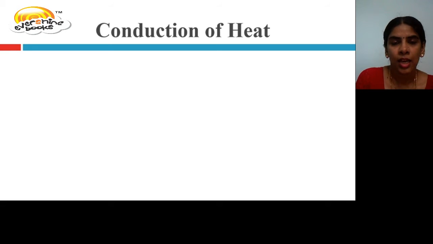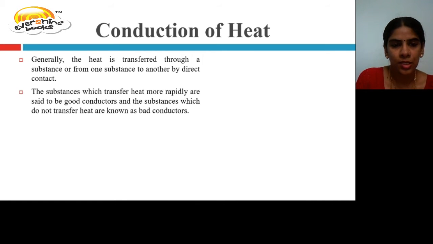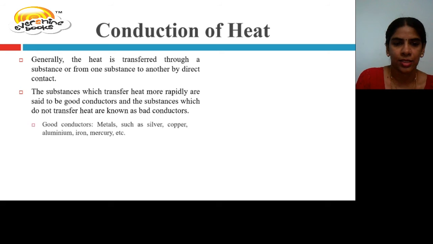Next property, conduction of heat. Generally, heat is transferred through a substance or from one substance to another by direct contact. The substances which transfer heat rapidly are called good conductors. And the substances which do not transfer heat are known as bad conductors.